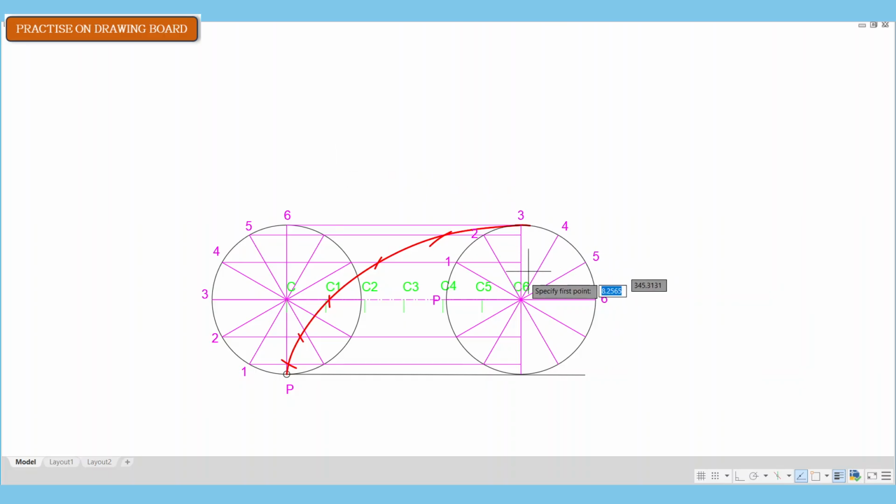The length of the center line, as we calculated earlier, is 78.54. So we divide it into 6 equal parts, and each division is supposed to be 13.09.